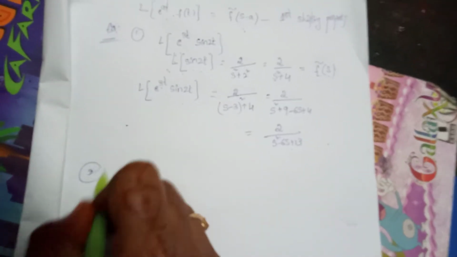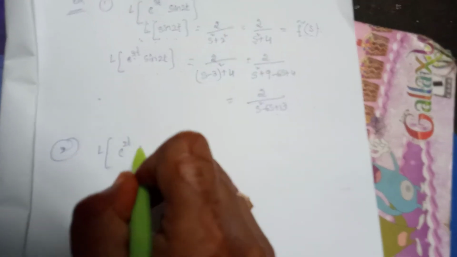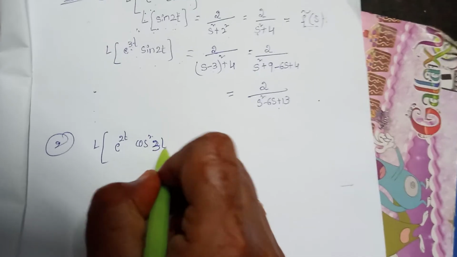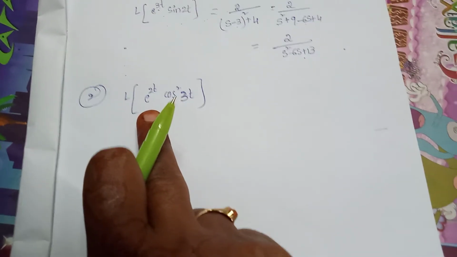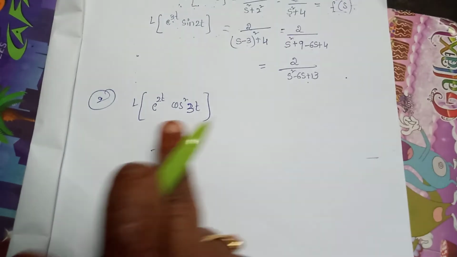Similarly, take L of e power 2t into cos square 3t. First we find L of f of t.